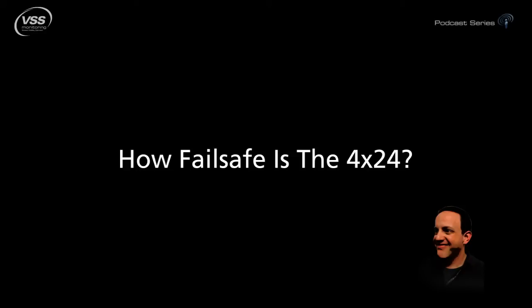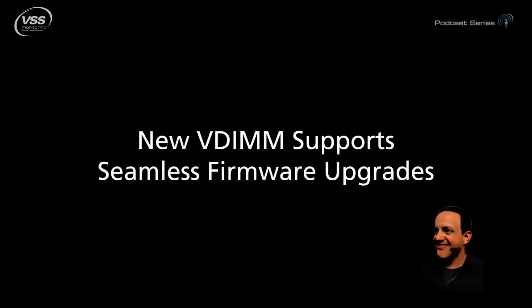And part of the new VDIMM module that we have is the ability to properly upgrade the firmware in a secure and safe manner. And we also design it so that if there does happen to be any problems with the firmware or software running on the device, it basically can go into a safe mode where their network is not affected by our device being in line.